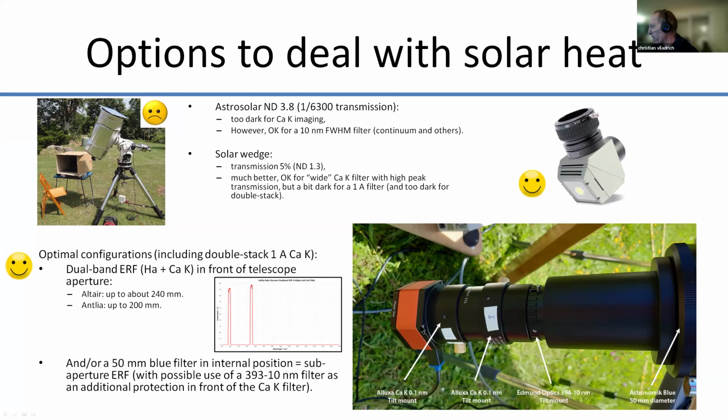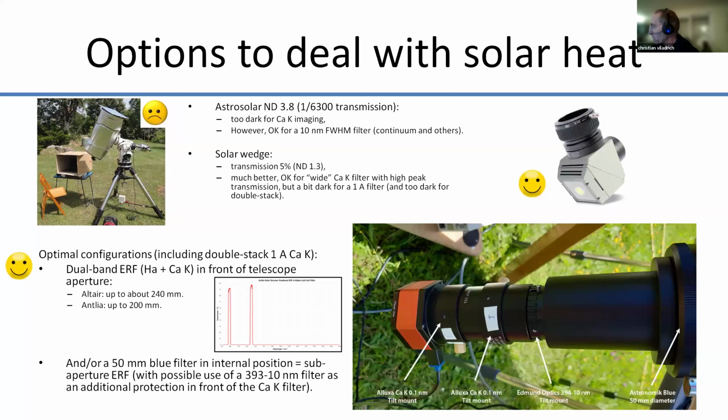The focus is there. And here inside this, I mounted a blue filter. This is an astronomic blue filter, but now there are other possibilities. It is 50 millimeters wide. And the distance between the focus and the filter is about 200 millimeters, something like this.